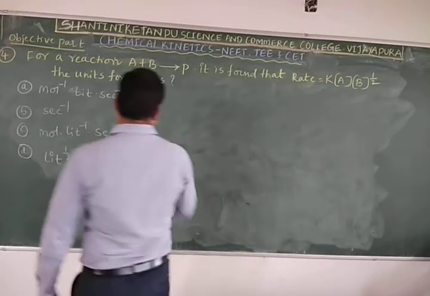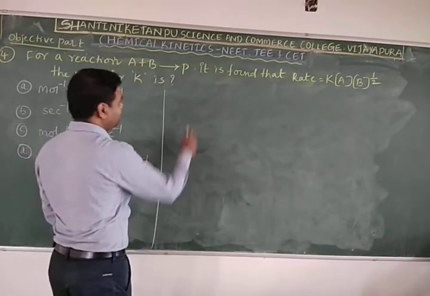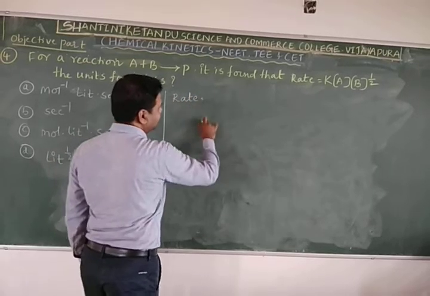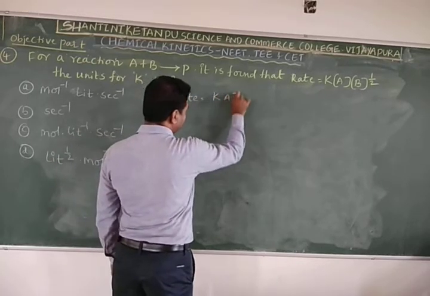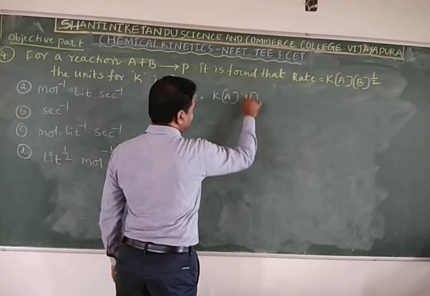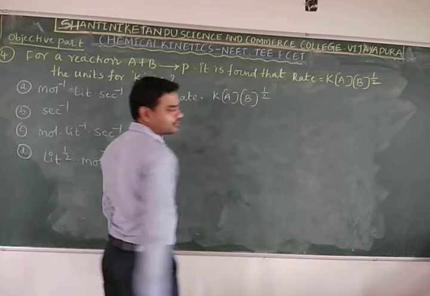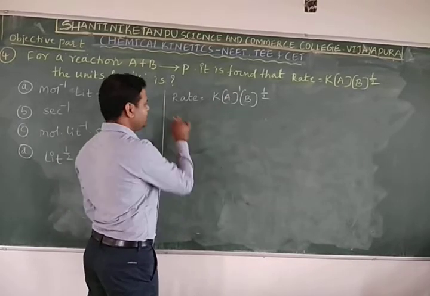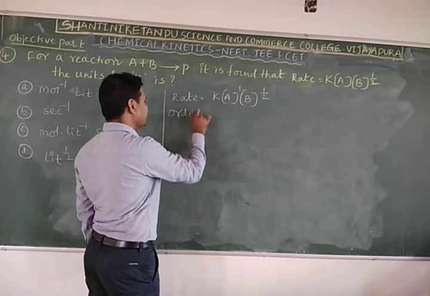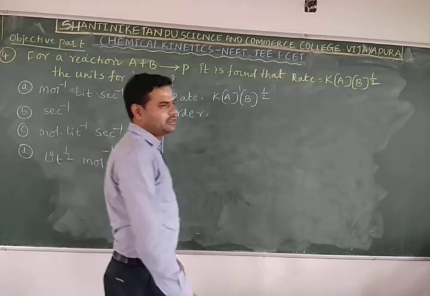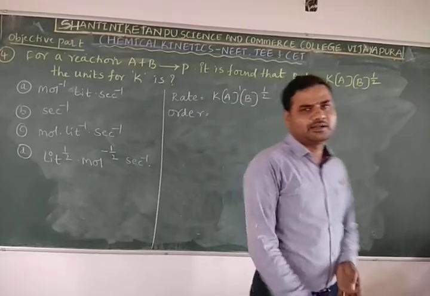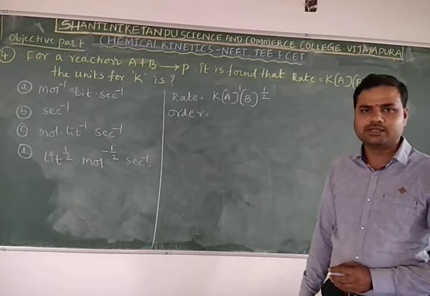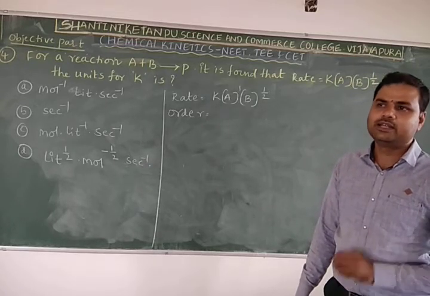First, we have to write the given equation. Rate is equal to K, A to the power 1, B to the power 1 by 2. The power of A is nothing but 1. Based on the rate equation you can calculate the order of the reaction. We have already defined that the order of the reaction is the sum of the powers of the concentration terms of the reactants in a rate equation.